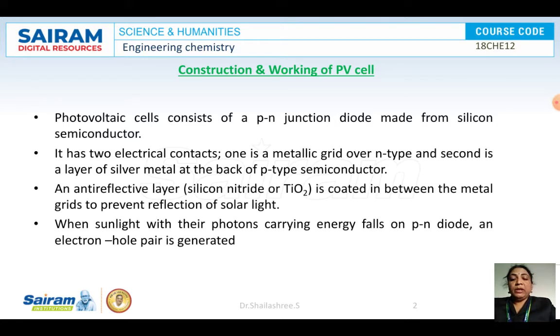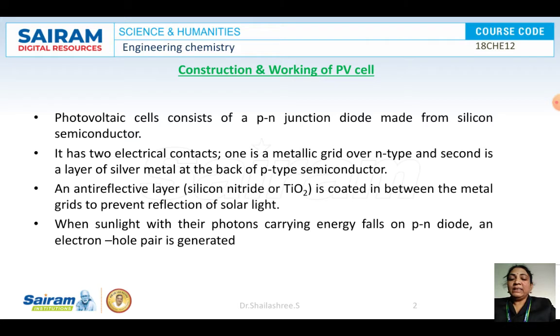So there are two metal layers, and they are both externally connected to a conducting device like a battery. There is also an anti-reflective layer, generally made of silicon nitride or TiO2, coated in between the metal grids. That is to prevent the reflection of sunlight, and it also makes more sunlight fall on the PN junction to produce more solar energy.